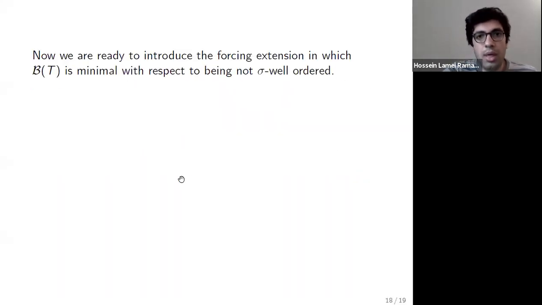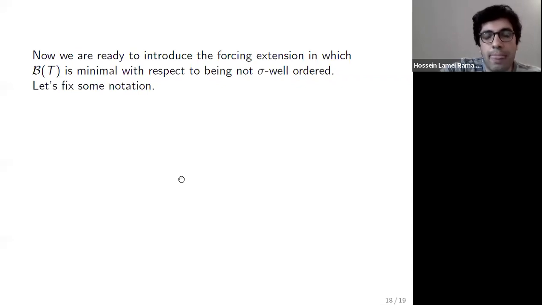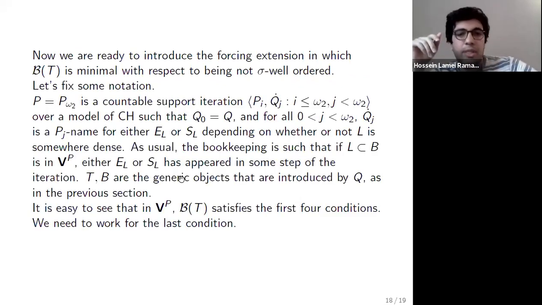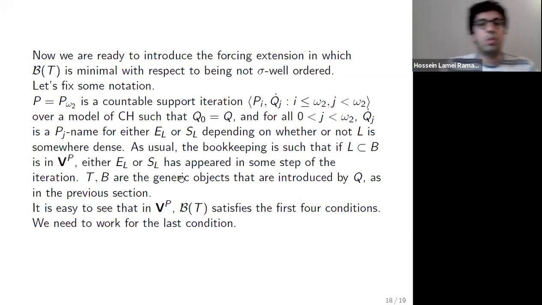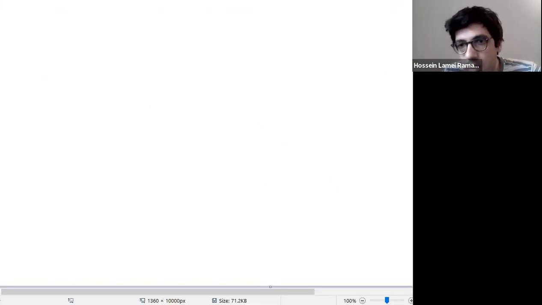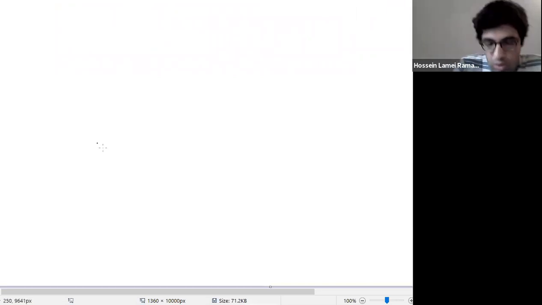And this is going to be the content of the rest of the talk, basically. So this is the iteration that we're going to work on. We start with a model of CH. First, we force with Q, and then we force with EL and SL by a nice bookkeeping function. So the forcing is going to look something like this.